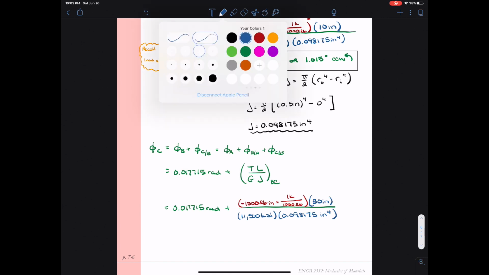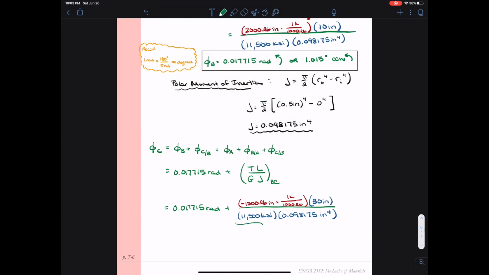So doing my math on segment BC, I get a total angle of twist on segment BC of negative 0.026572 radians. The negative sign just means that it's rotating clockwise. So point C relative to point B will be somewhere clockwise of point B when we're looking down the x-axis.